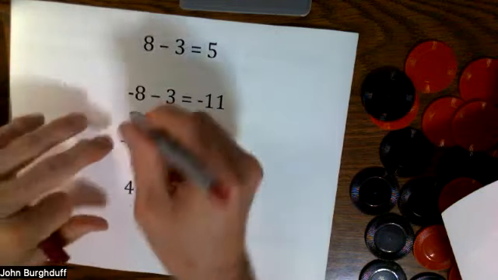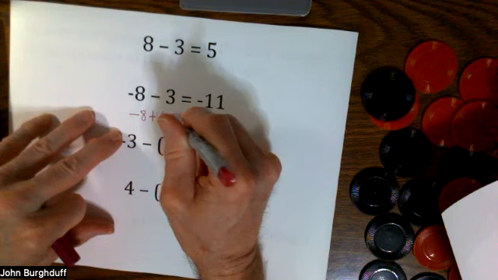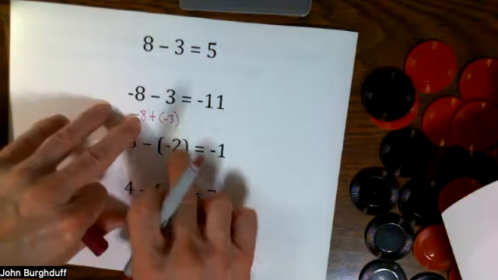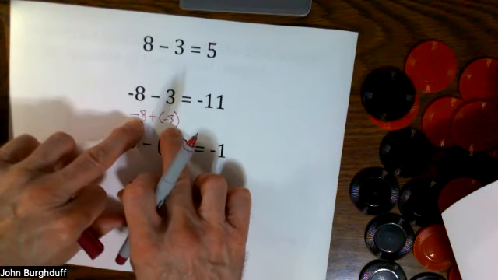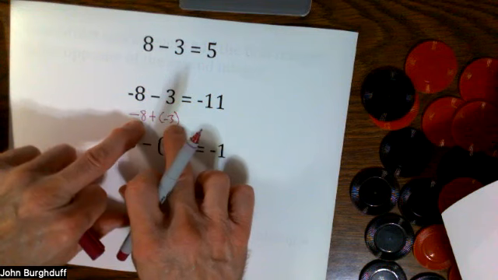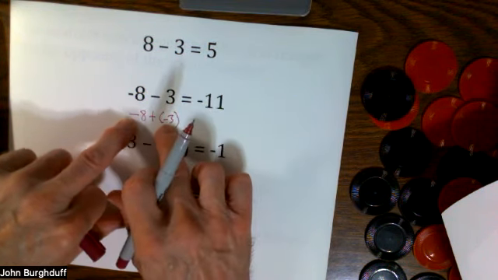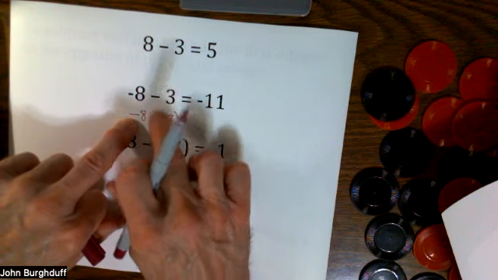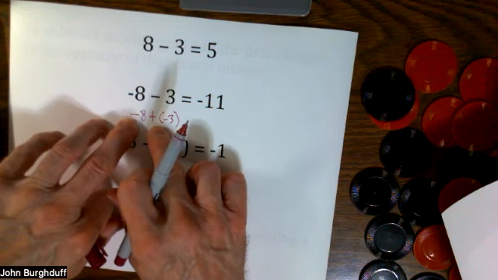What I'm hoping to observe there is that -8 minus 3 is giving me the same answer as if I were adding -8 plus -3. Add two numbers with the same sign, you add the absolute values, that's how you get the 11, and you give the answer the common sign. Interesting. That subtraction seems to be reinterpreting itself as an addition.